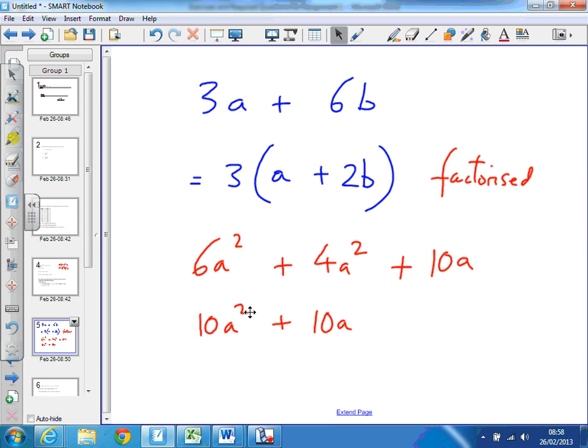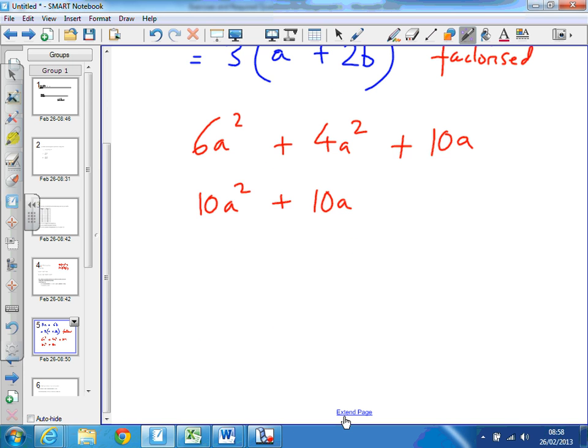I can't collect the A with the A squared because even though A is the same number in both of these, that's A squared and that's A, so they're not the same. So I've simplified it by collecting like terms. Now I can factorise. I can take out terms that are common to both, which are A is common to both and also 10. So I could take the 10A outside the bracket.